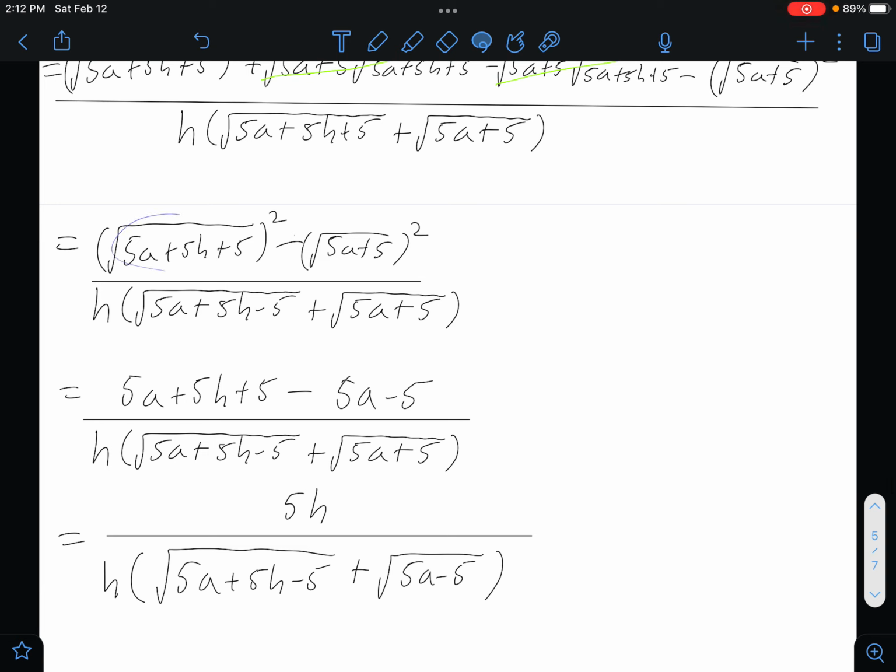Radical 5a plus 5h plus 5 raised to the second power minus radical 5a plus 5 raised to the second power. There's another mistake again with me putting a plus sign.